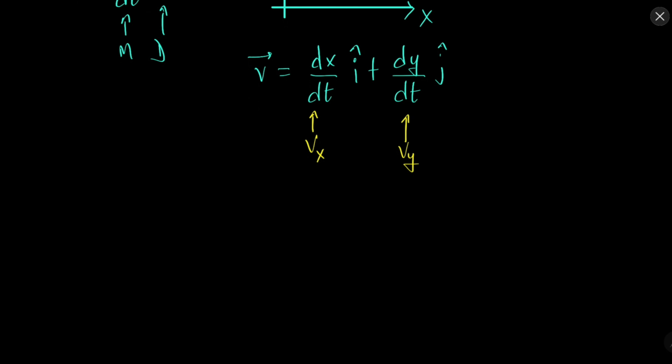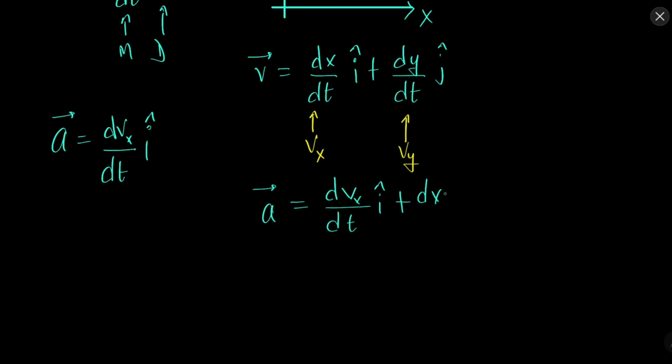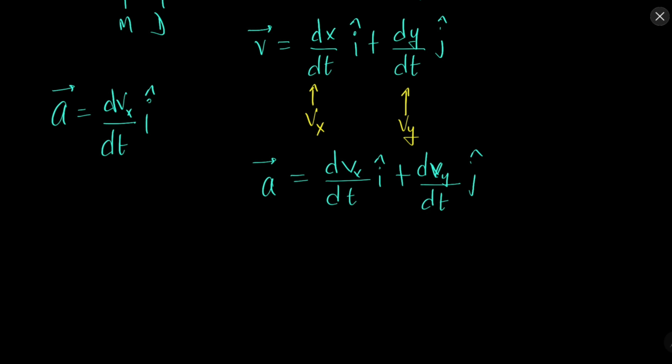Similarly for acceleration, acceleration was, let's say, dvx by dt, in i cap direction. So similarly here we will have acceleration in two dimensions, dvx by dt i cap plus dvy by dt j cap. So we can write it like this also, quite simple. And again, this is the x component of acceleration and this is the y component of acceleration.